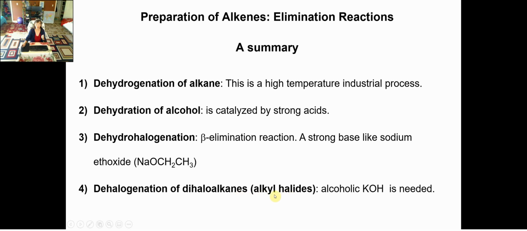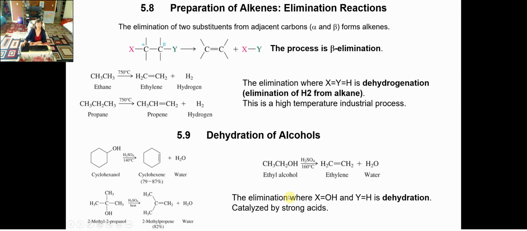So usually you have an alkyl halide. This is dihalides. You can use alcoholic potassium hydroxide as a catalyst to convert the dihalides into alkene through elimination reaction. So further on, we are going to discuss each different types of reaction.